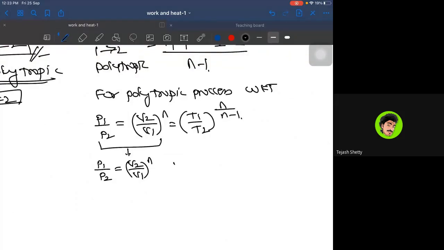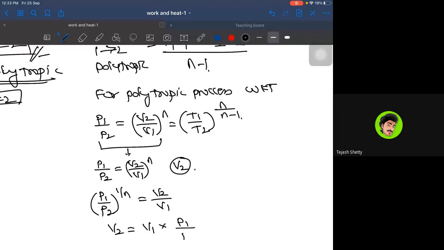How do you extract? If I send n to the other side, it becomes 1 by n. So it is V2 by V1 equal to P1 by P2 whole to the power of 1 by n. From this, V2 is equal to V1 into P1 by P2 whole to the power of 1 by n. Correct?